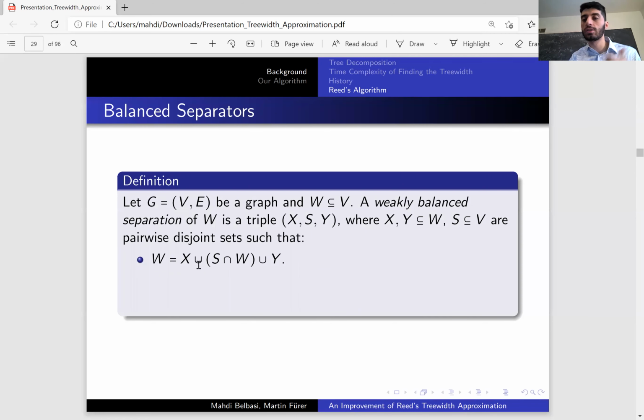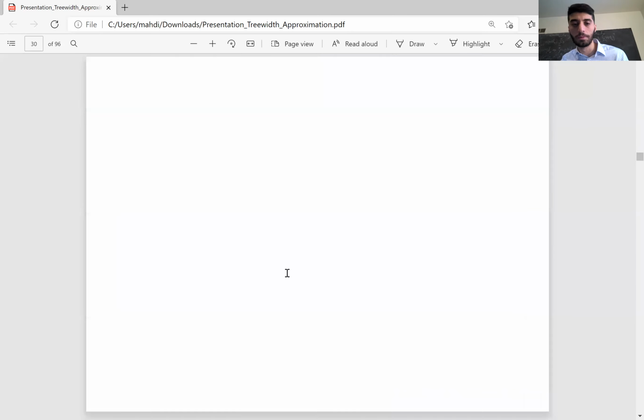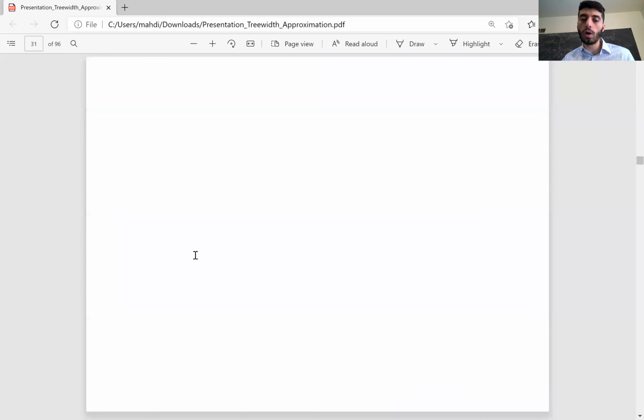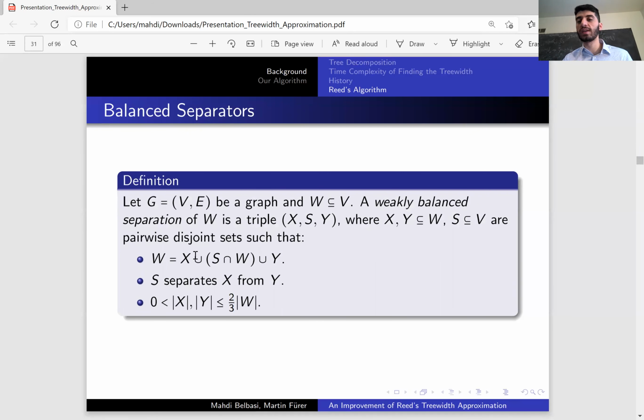W is X union Y union the part of S that intersects with W. As I said, S separates X from Y, and the sizes of X and Y are between 0 and 2/3 of the size of W.